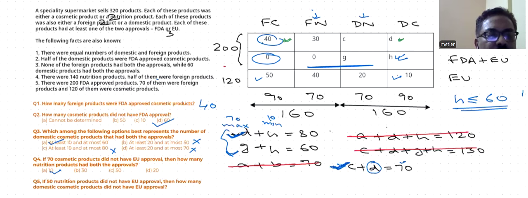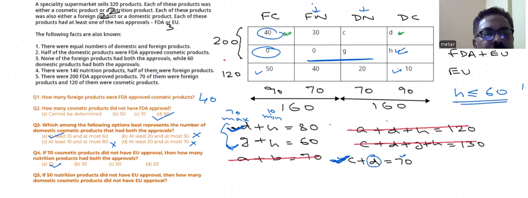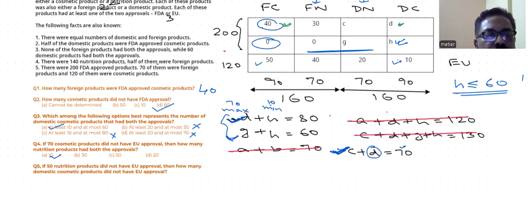The question says, if 50 nutrition products did not have EU approval. We are talking about nutrition products now, so we have to focus on nutrition only, means the second and third column.